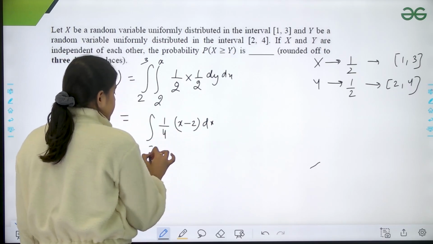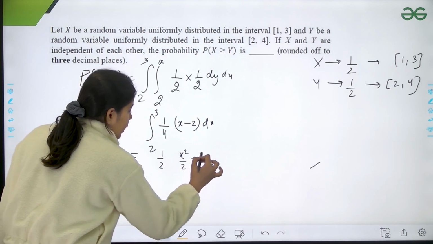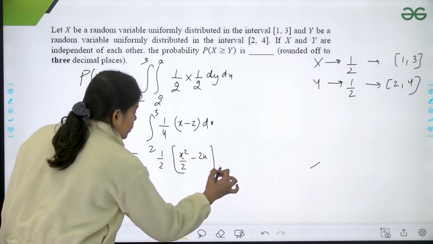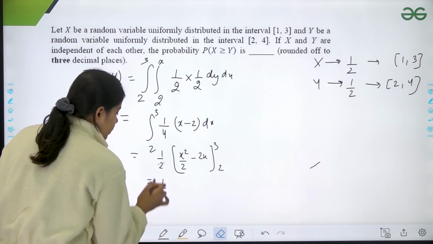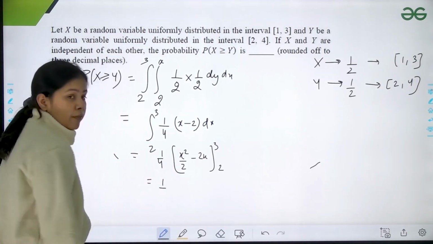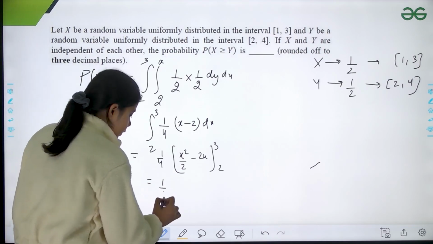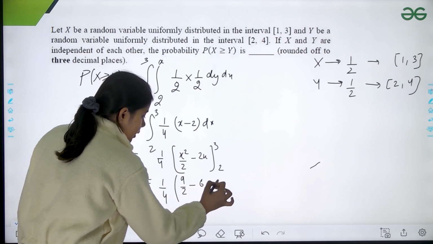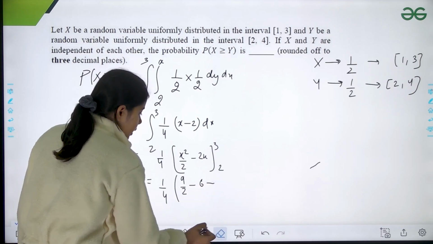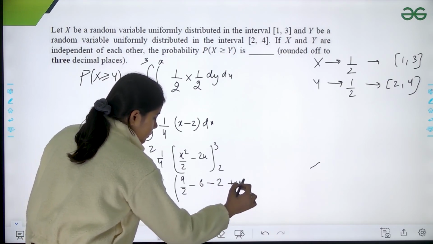So let's integrate from 2 to 3: 1/4 times x squared by 2 minus 2x, from 2 to 3. Sorry, this is 1/4. Let's solve it: 1/4 times 9/2 minus 6, minus 4/2 is minus 2 plus 4.